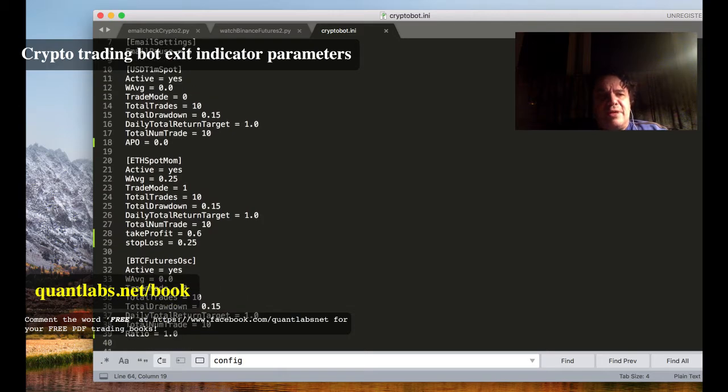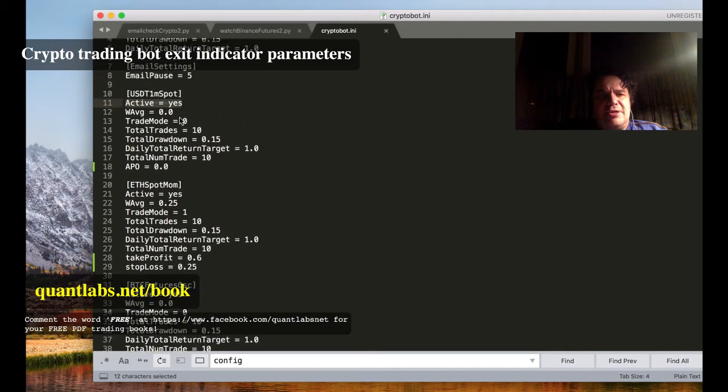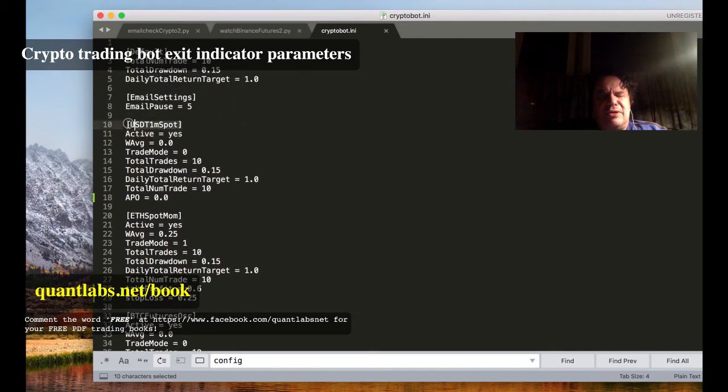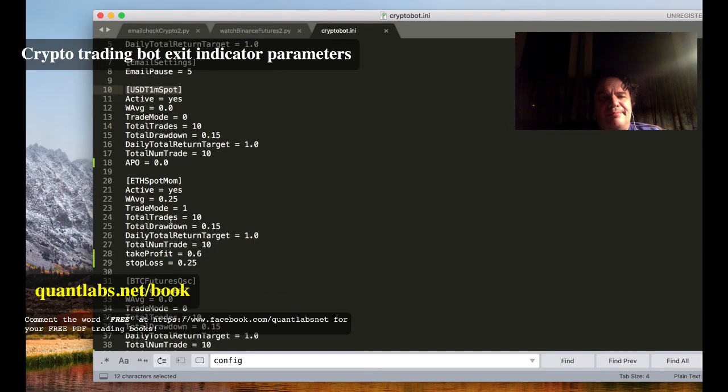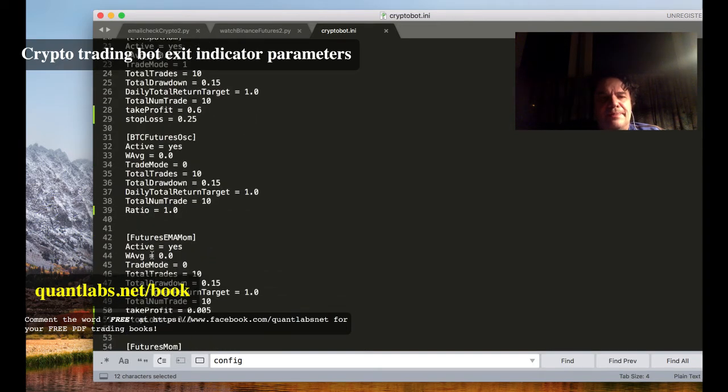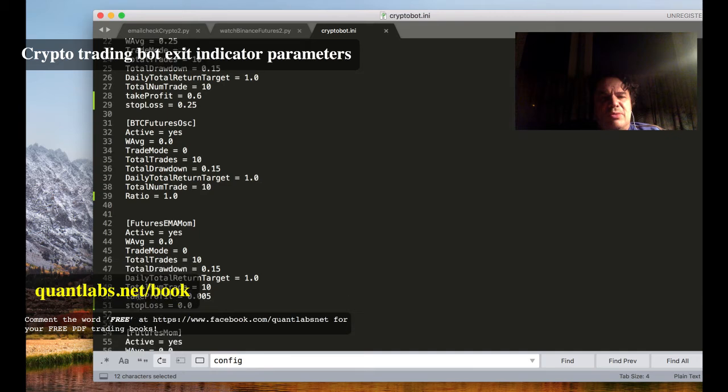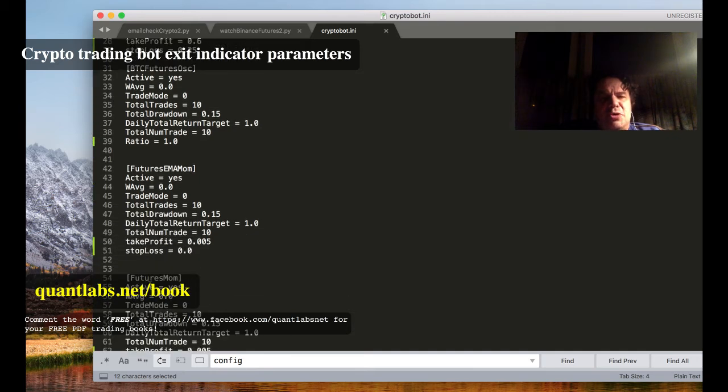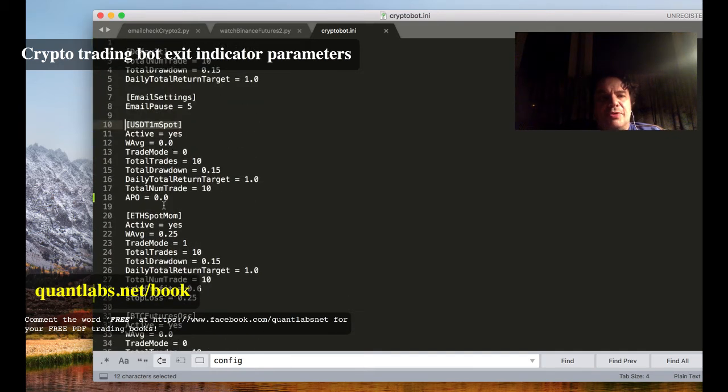So in a previous video, I talked about activating each strategy. So we have the USDT 1 minute spot, an Ethereum spot momentum one, a Bitcoin future oscillator, future EMA momentum one, and just a general futures momentum. So in here, I've added a few more parameters.